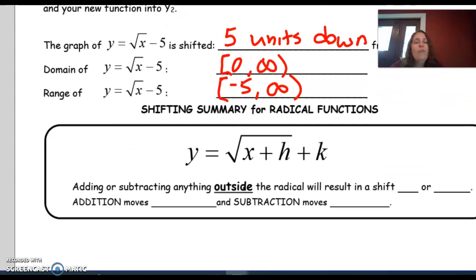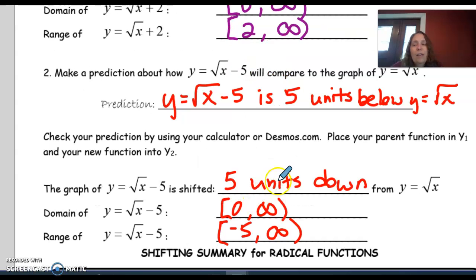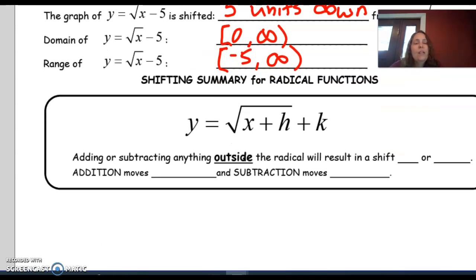So our summary for radical functions is that adding or subtracting anything outside the radical, sorry about that, will result in a shift up or down. And that's again outside of the radical. Addition moves up and subtraction moves down.